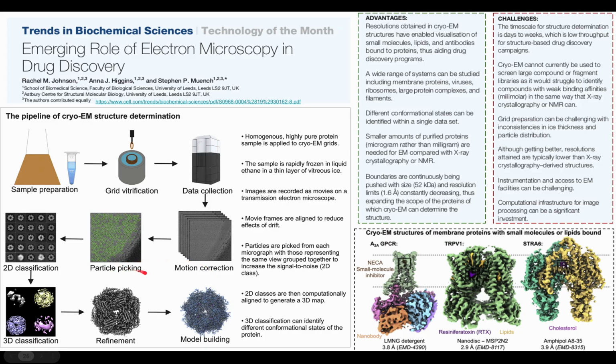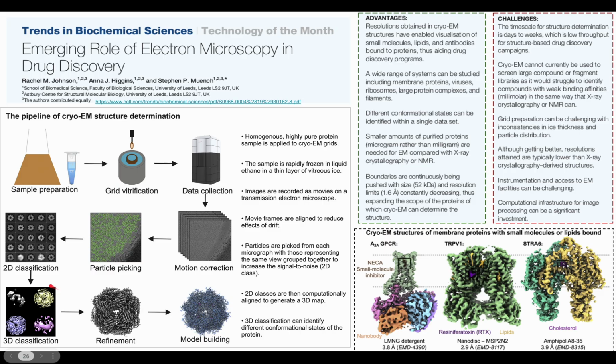Now particles are picked from each micrograph, with those representing the same view grouped together to increase the signal to noise ratio, which is known as 2D classification. So in particle picking, the particles which appear the same are classified as a single class. In this way we perform 2D classification of thousands of pictures which are collected.